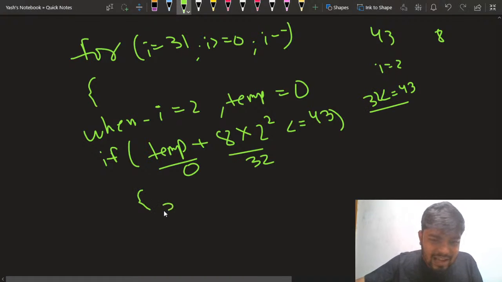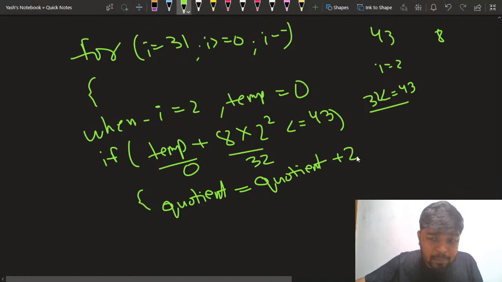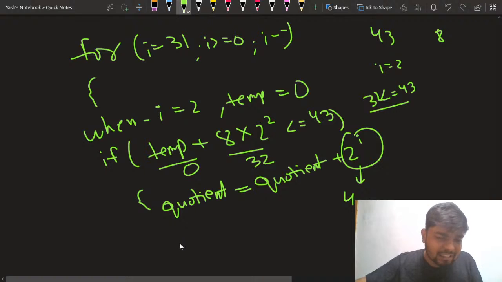So in this case, I'll add it to my quotient: quotient equals quotient plus 2 to the power I, where 2 to the power 2 is 4. After that, I'll add the answer into my temp as well. So now my temp will be equal to 32, okay?